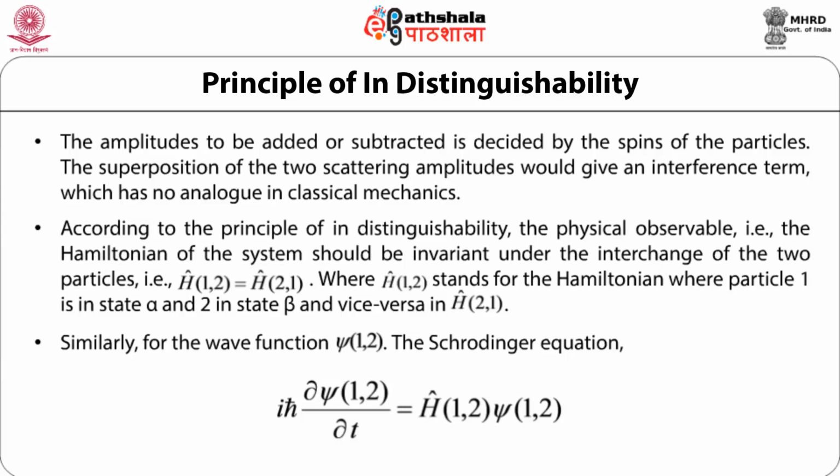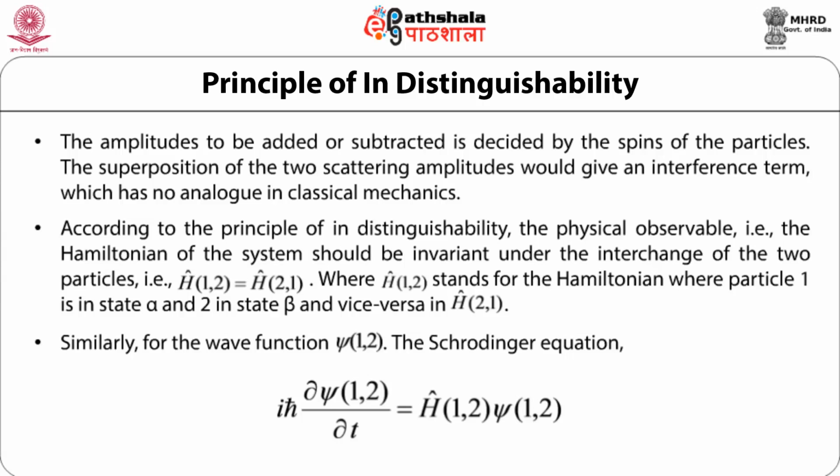In the example we just considered, proton 1 is the target and proton 2 is the projectile, and vice versa in the case of H acting on particle 2 and 1, where particle 2 is the target and particle 1 acts as the projectile. So one can see that if one interchanges the target and the projectile, so long as both of them are protons, the total Hamiltonian of the system remains invariant.